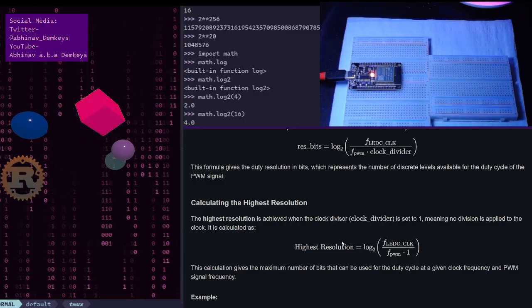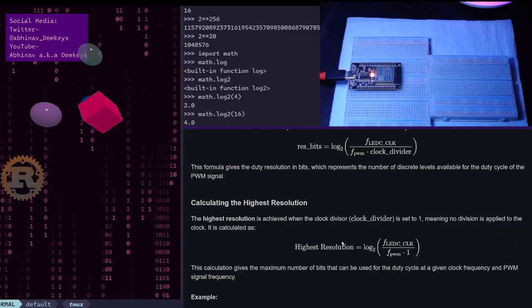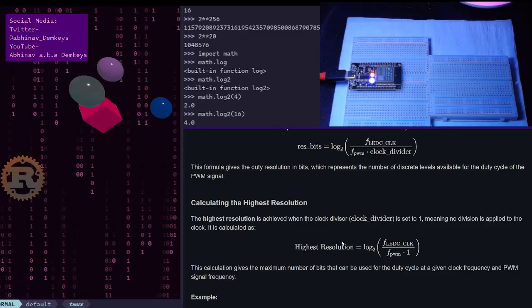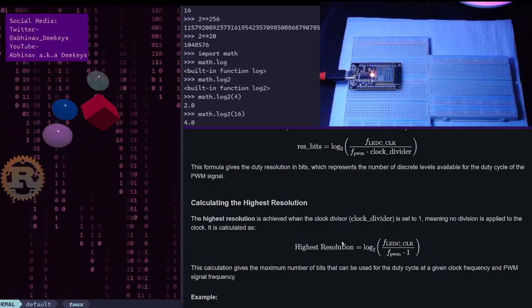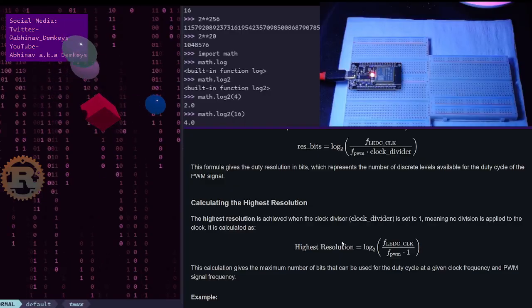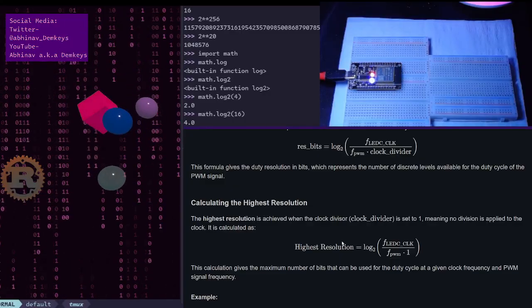The highest resolution is set when so and so. Okay, FPWM. What if we want, let's say, 1 megahertz. So we want 1 million cycles.